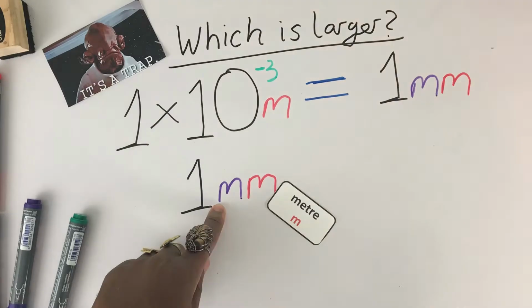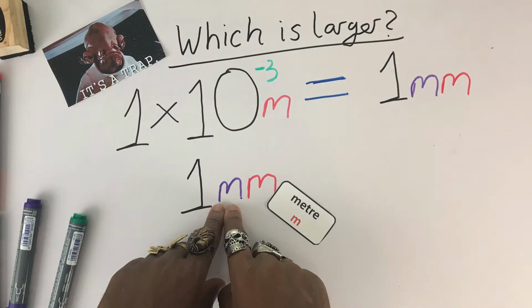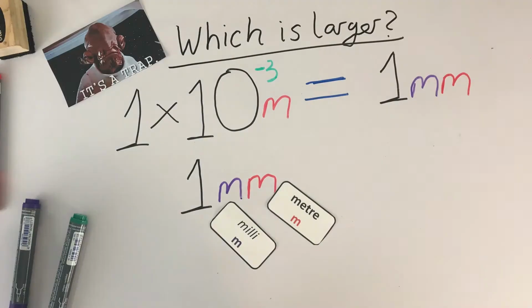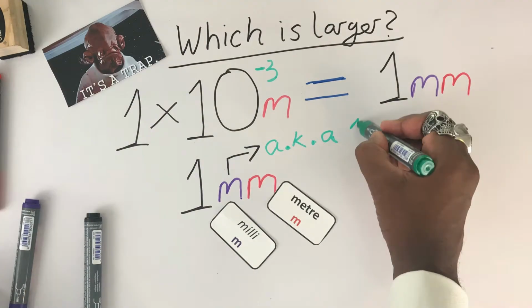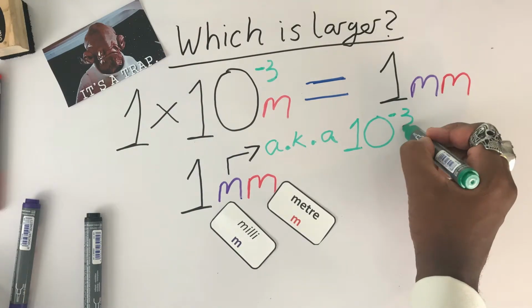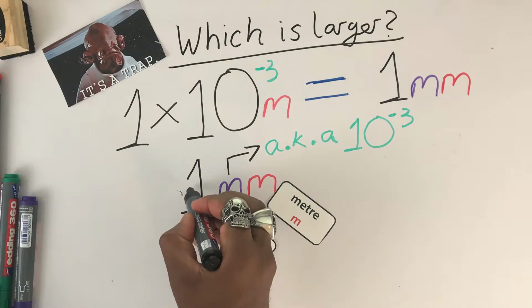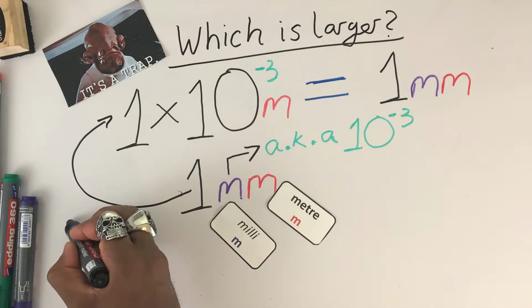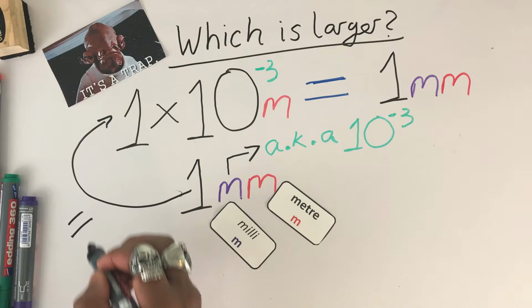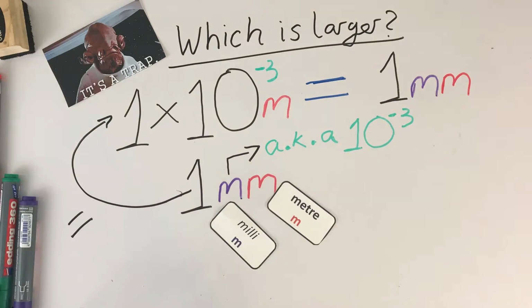The first m tells you the prefix, and that's milli, which is 1,000th, aka 10 to the -3. So literally, 1 millimeter means 1 times 10 to the -3 meters.